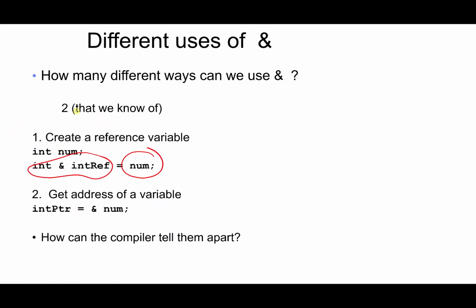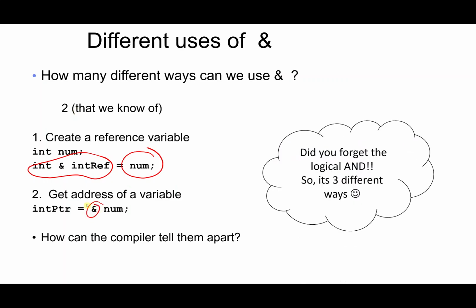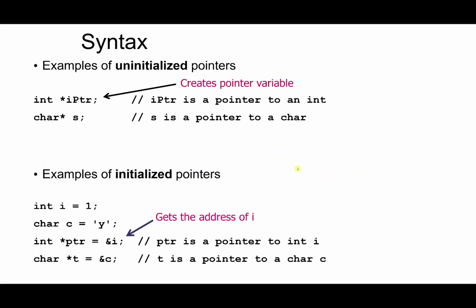So the second use of the ampersand is as the address-of operator. And don't forget the logical and, in Boolean expressions, right? How can the compiler tell them apart? Same way, based on the positioning of the ampersand.